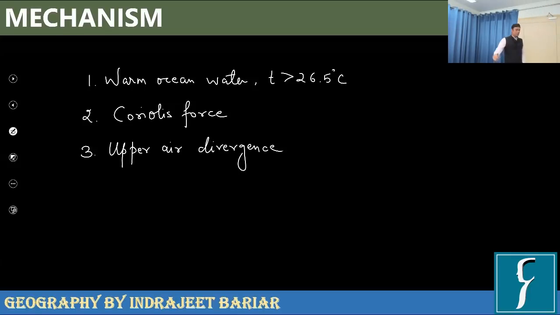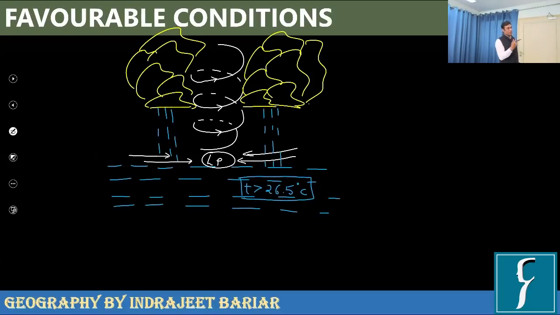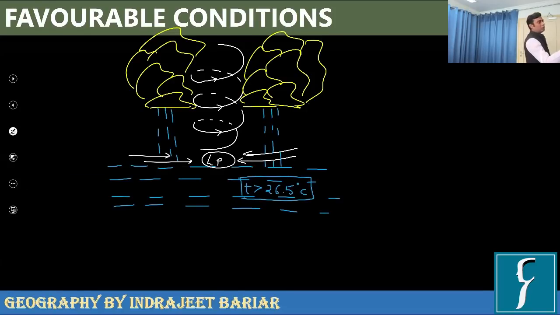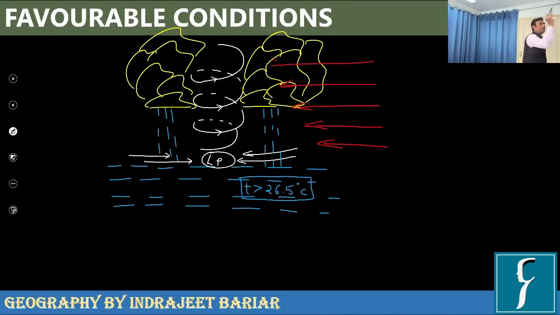And then lastly, the whole of this system is blown by the winds. When the winds are blowing like this, it is natural that as you go up, the speed of the wind goes on increasing. Why is it so?